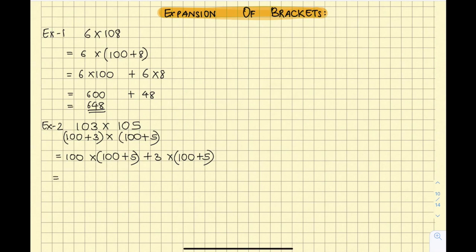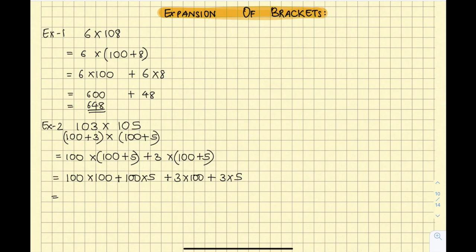Now again we are going to multiply all the external numbers with the internal numbers one by one and write the answers, and then we will solve it. So here 100 which is out multiplied by the 100 inside bracket plus 100 which is out multiplied by the internal number 5 plus 3 multiplied by 100 which is inside, again plus 3 multiplied by 5 which is inside.